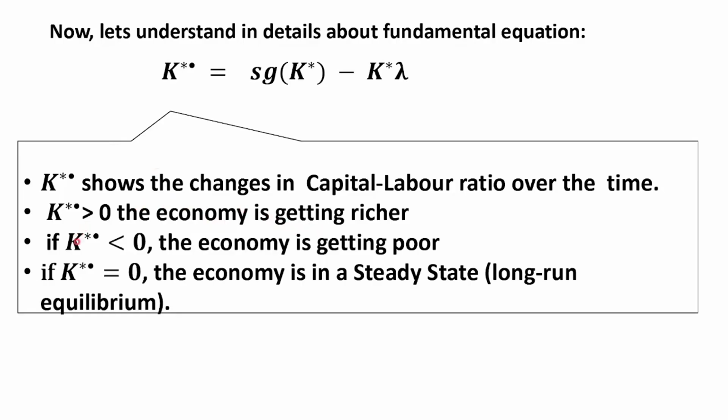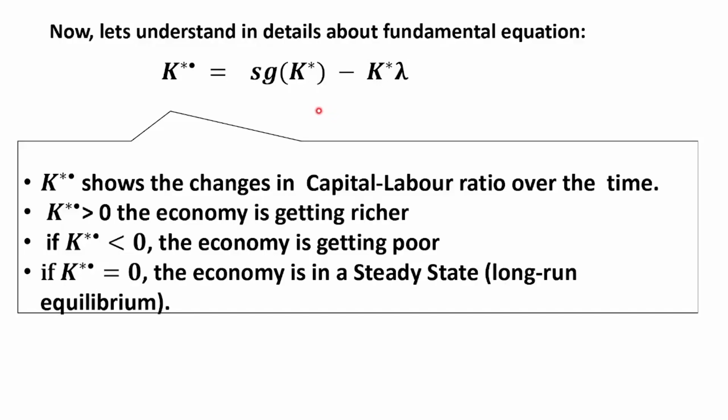But if k asterisk dot is smaller than 0, then the economy is getting poorer. But what happens if k asterisk dot equals 0? Then the economy is in a steady state. According to Solow-Swan, when there are no more changes in the capital labor ratio over time, that is what we call a steady state economy, or a long run equilibrium.